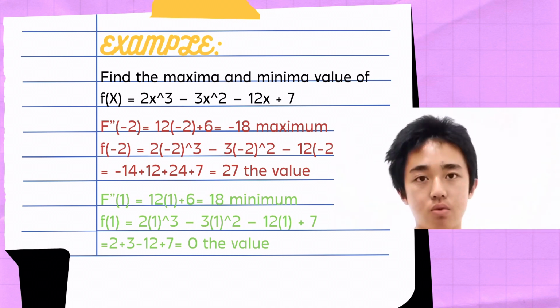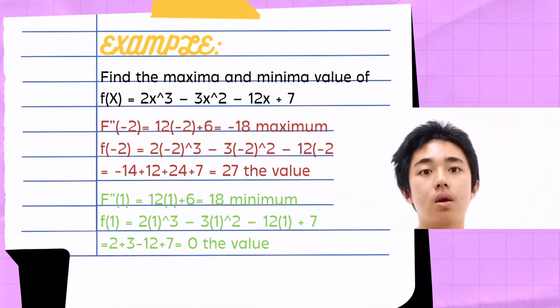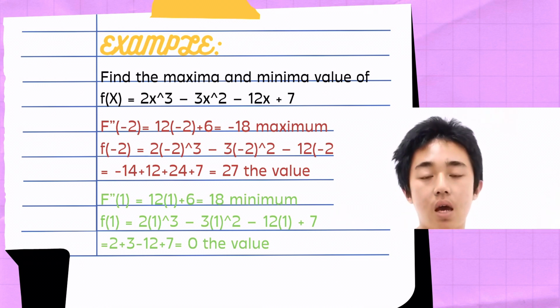It's 2 times 1³ minus 3 times 1² minus 12 times 1 plus 7, that gives us 2 - 3 - 12 + 7 = -6. So we already have both values: 27 as the maximum and the minimum.